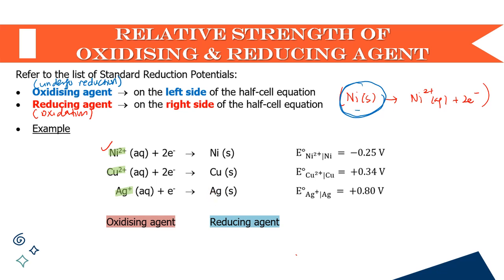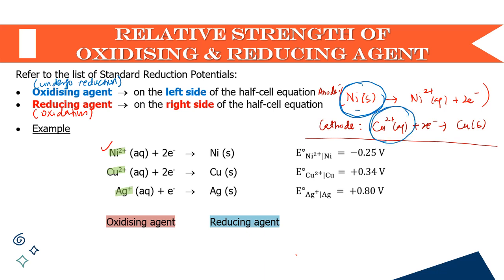But if you are reading from a half equation, what do I mean by this? Let's say this is the equation at the anode, and then you have another equation at the cathode. So let's say I have copper 2 plus aqueous plus 2 electrons to produce Cu solid. If you are taking the information from the half cell like this, the oxidizing agent and the reducing agent will be on the left hand side.